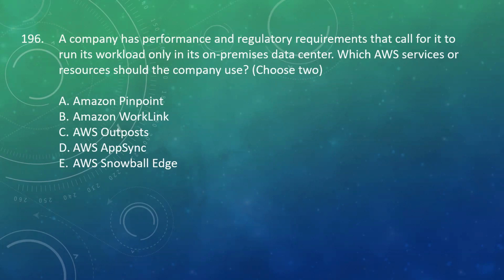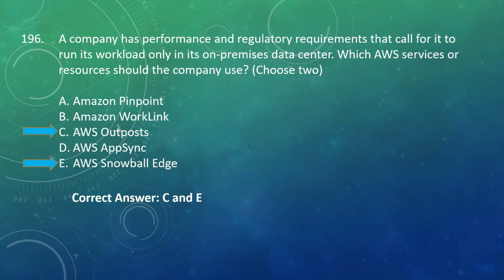and AWS Snowball Edge. AWS Outposts allows you to extend AWS infrastructure and services to your on-premise data center. This service enables you to run AWS services locally while still being able to connect to the broader AWS ecosystem. It is suitable for meeting regulatory requirements while maintaining the performance benefits of the cloud.